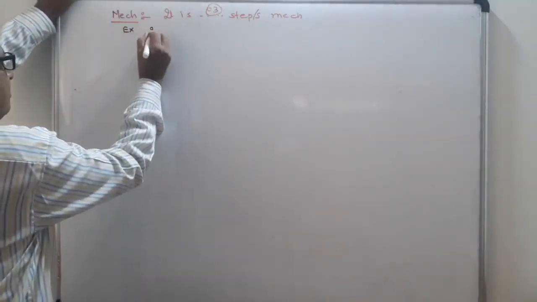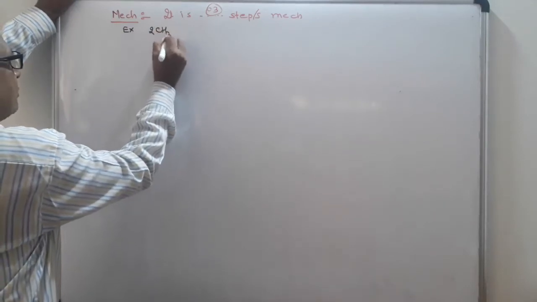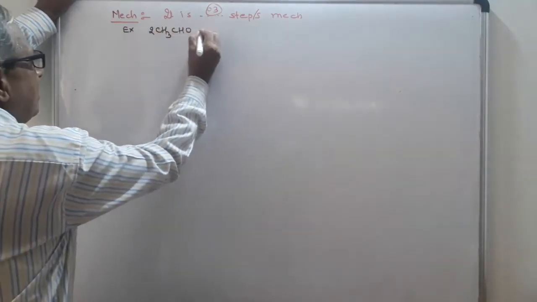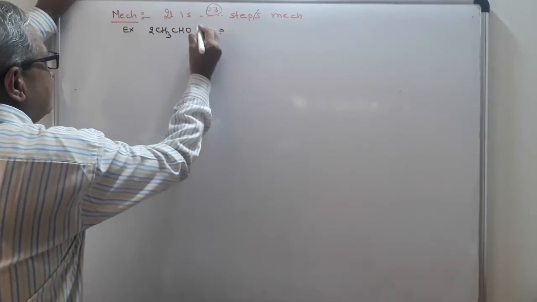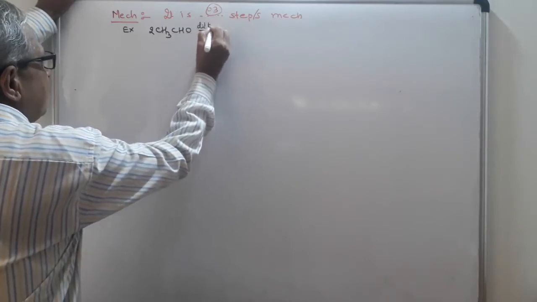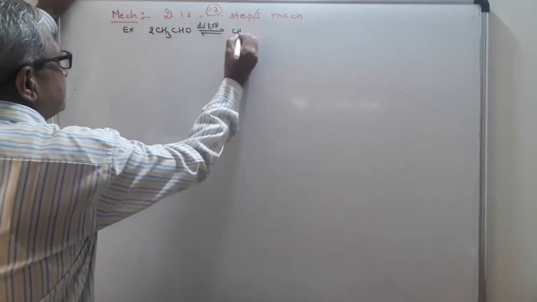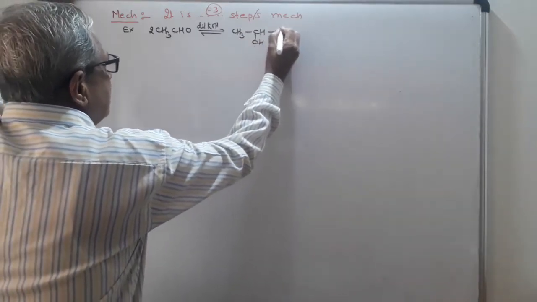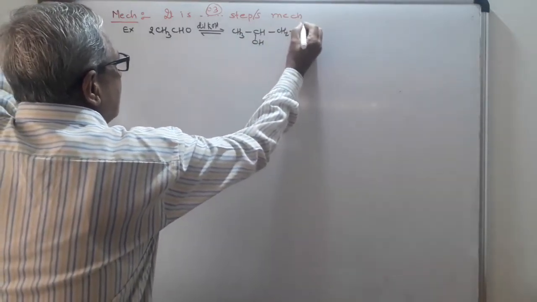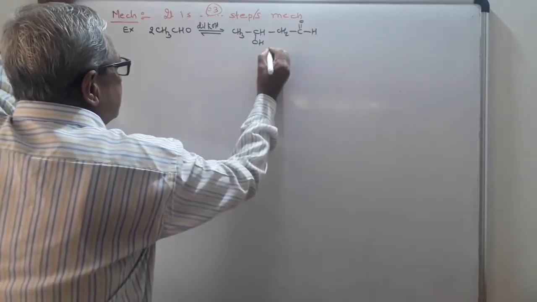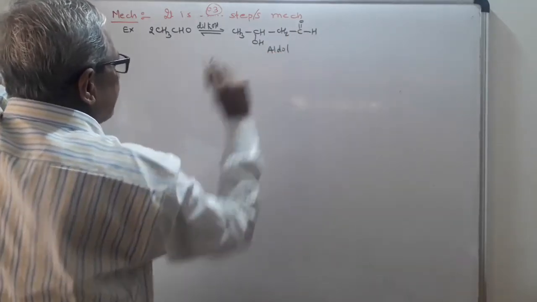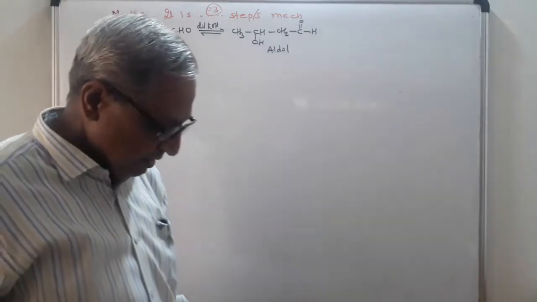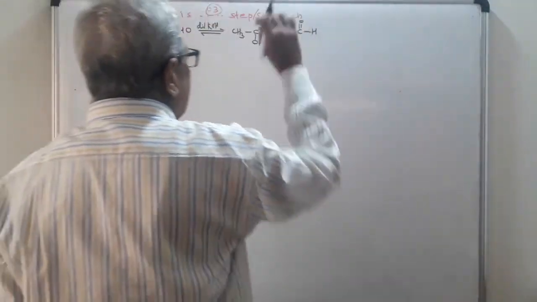For example, when you take 2 molecules of acetaldehyde and do the reaction with dilute KOH or NaOH, you will get CH3CHOHCH2CHO. This is aldol, a beta hydroxy aldehyde. So I will explain how the two molecules form this.